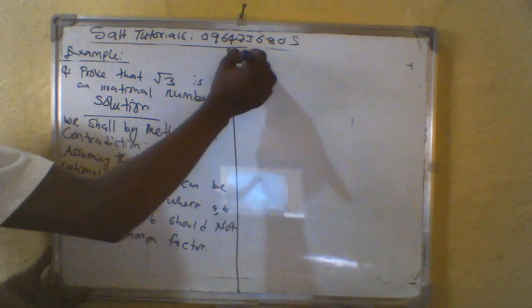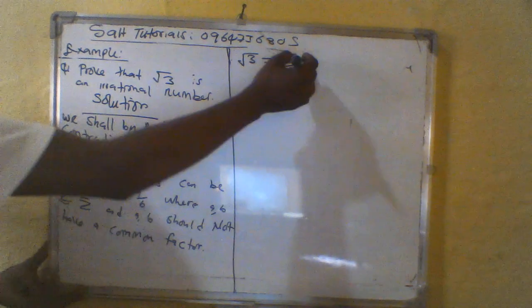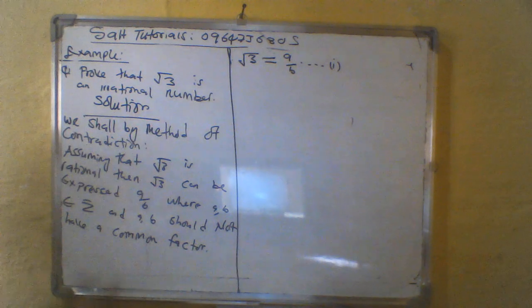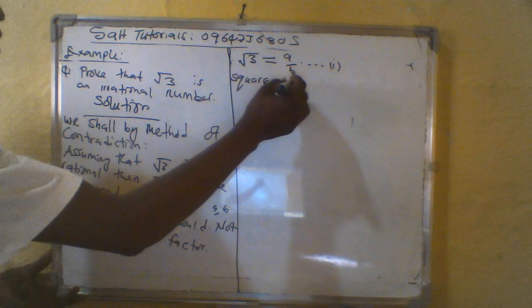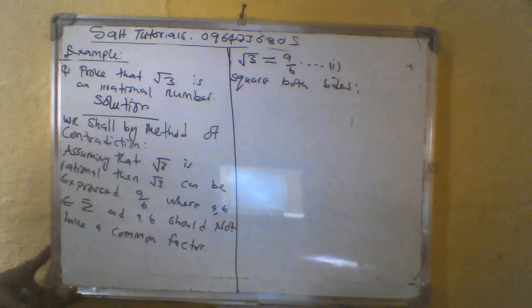We simply say root 3 should be equal to a over b, and this will be taken as our first equation. From our first equation, what do we do? Square both sides. What am I going to have?